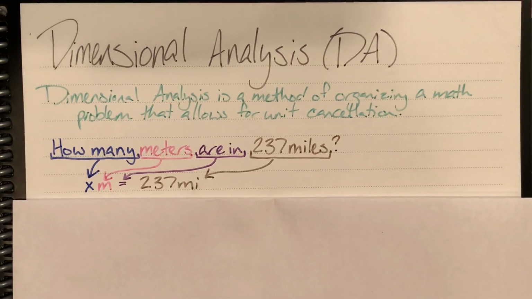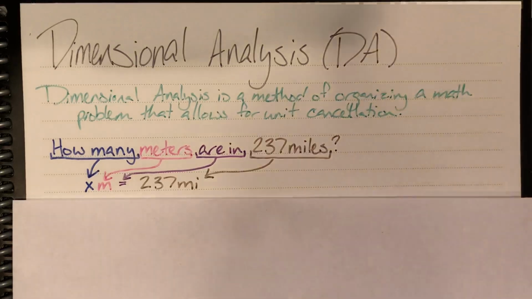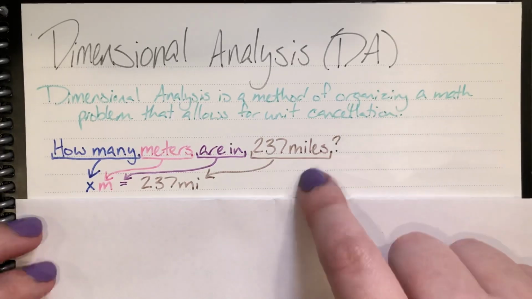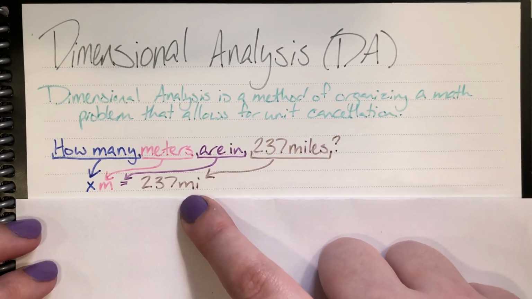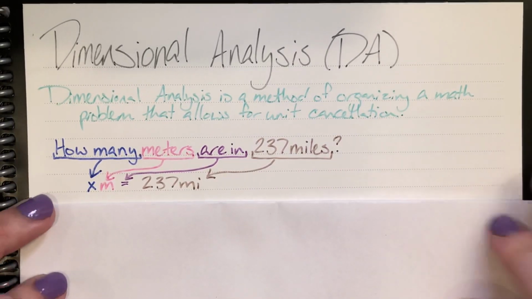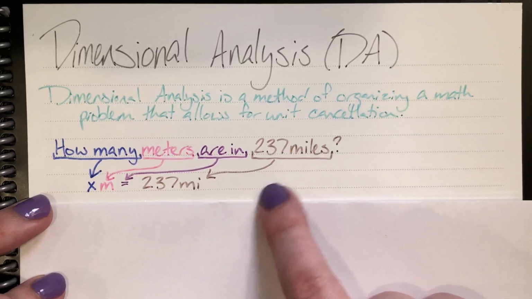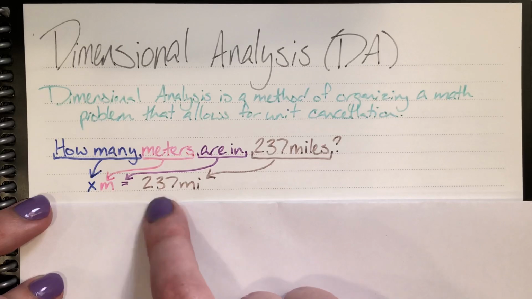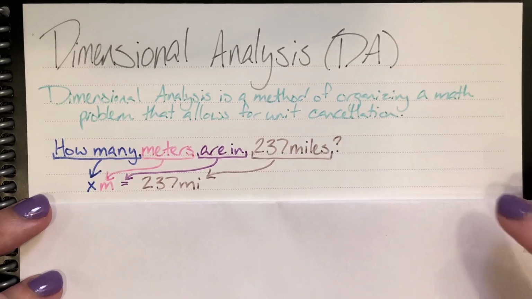Then we have meters being shortened to its symbol, m, and we have "are" turning into equals, and then we have our number given in the problem, which is 237 miles. That miles is shortened to its symbol, mi. So "how many meters are in 237 miles" turns into x m = 237 mi.